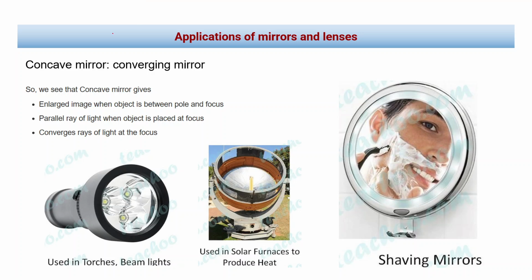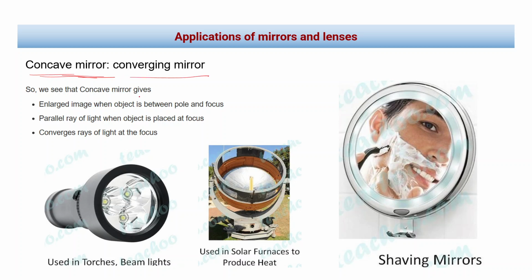There are more applications that we can talk about. We had discussed this in the last session also, but here again, because it was emphasized in the lecture. Till now we were talking about convex and concave lenses. Now again recalling the applications of the concave mirror, which is a converging mirror.